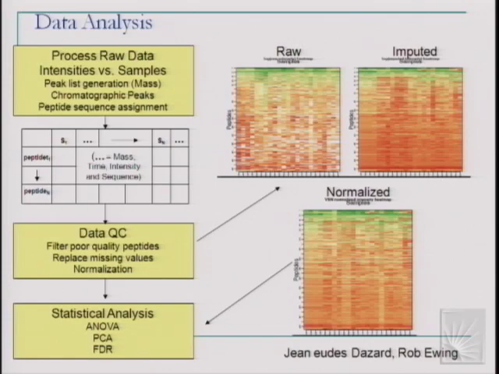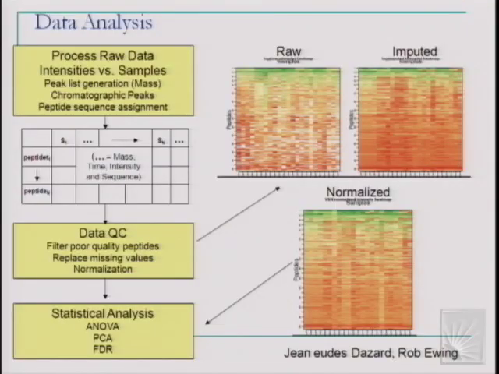Once we have the spreadsheet, we need to perform data QC before statistical analysis to ensure that we're progressing the most robust peptides forward for this type of work. So we need to filter poor quality peptides, those which received a low Mascot protein score, as well as replace missing values that can often be found in this data.